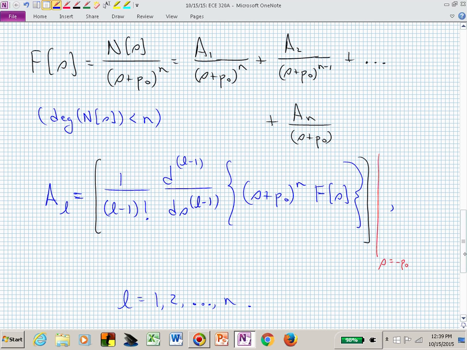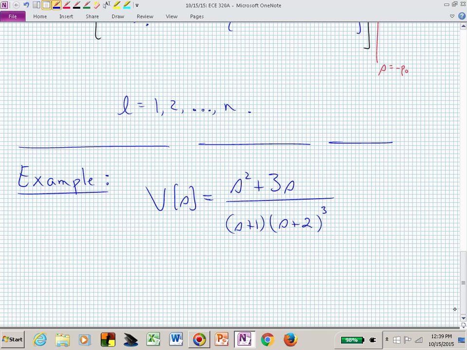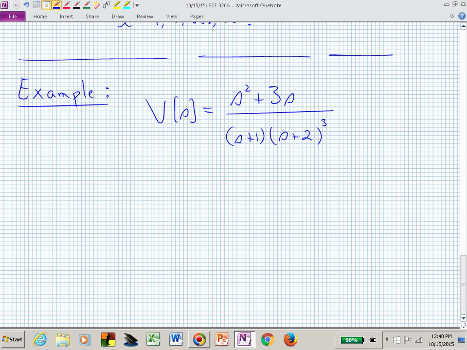Okay, let's apply that to this example. Suppose we have capital V of s, and V is generic. That could be a current, it could be a velocity, it could be a voltage. We're just saying here is a given transform, and can we immediately start performing the partial fraction expansion on that?